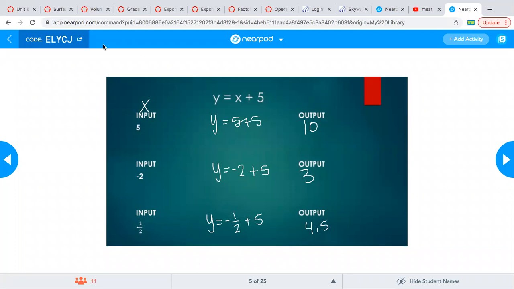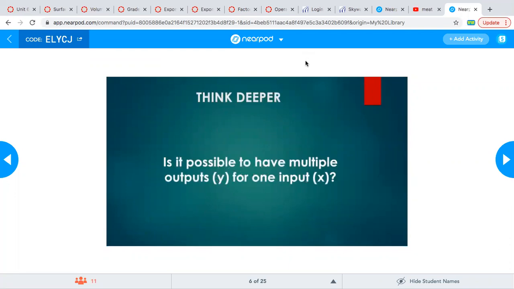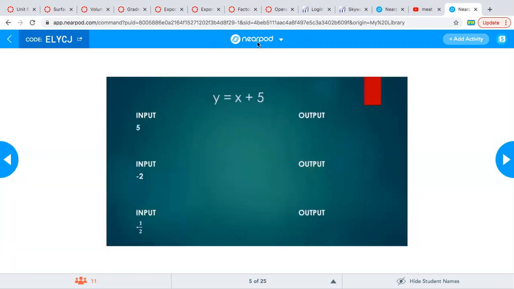So here's the question. Is it possible to have multiple outputs for one input? Don't answer it, just think. Meaning if I go back here, when I inputted a value, did it only give me one output, or could 5 have given me multiple outputs?